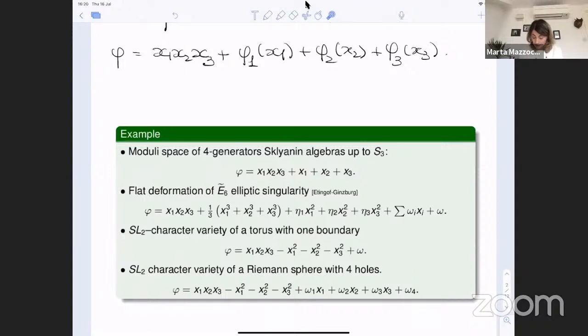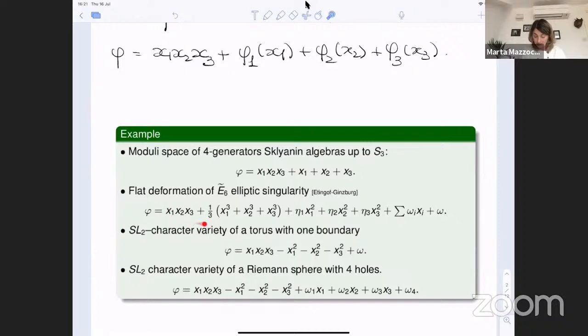There is also singularity theory, where polynomials of this sort appear both in standard Du Val singularities and in elliptic singularities. For example, flat deformations of the E6 tilde elliptic singularity are described by a polynomial of this form.